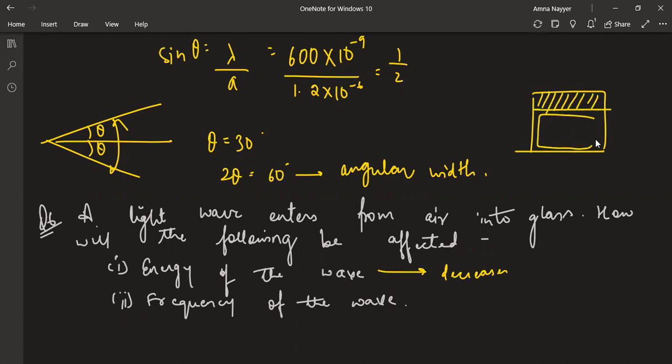Now only this portion is left. So this is lesser than the original one. That's why the energy decreases. And frequency remains unchanged. Whenever you have any question from frequency, always remember frequency will remain unchanged.